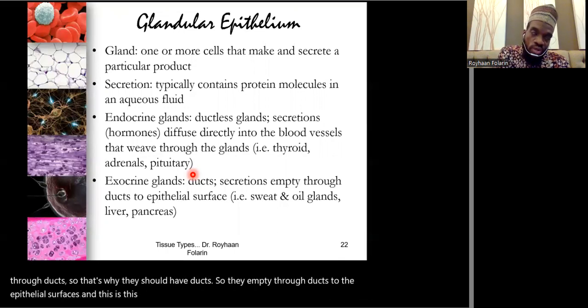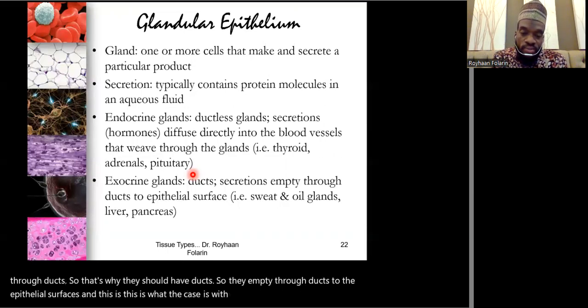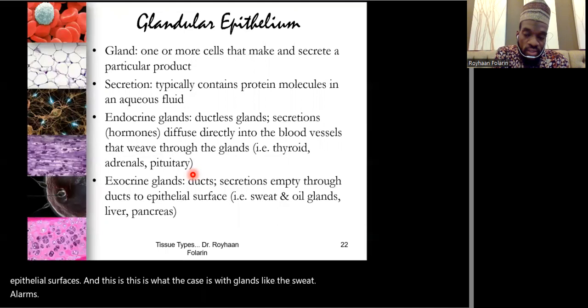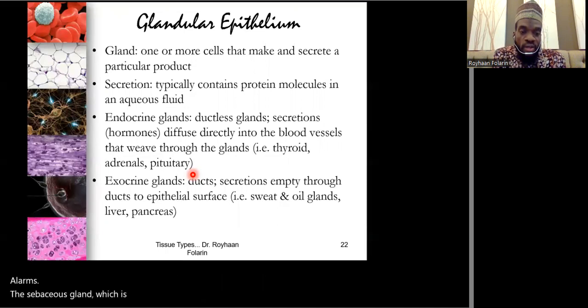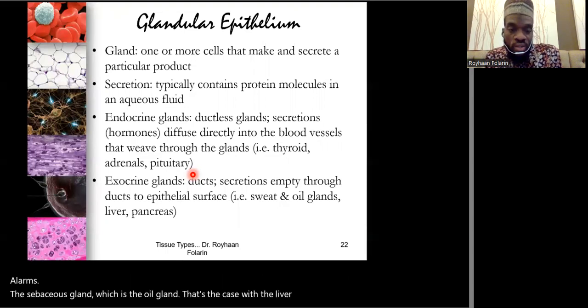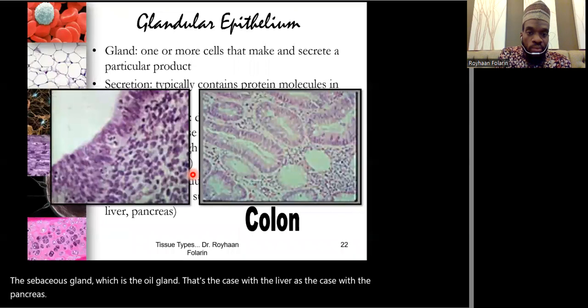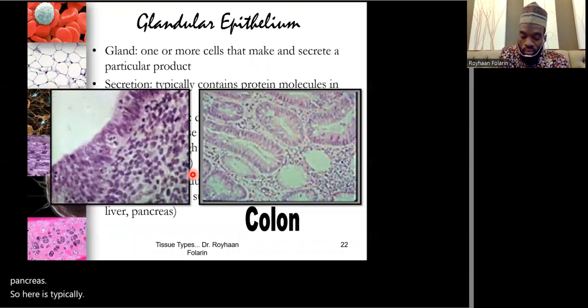This is the case with glands like the sweat gland and the sebaceous gland, the oil gland. That's the case with the liver and the pancreas. So here is typically a micrograph of the colon.